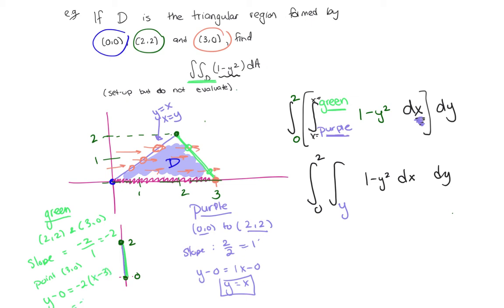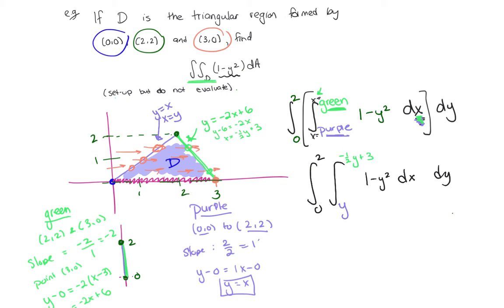So y equals -2x plus 6. Again, because I'm doing a dx integral, I have to have it as x equals, so I can solve for x. I get y minus 6 equals -2x, and dividing by -2, x is equal to -1/2 y plus 3. So the equation here becomes -1/2 y plus 3.